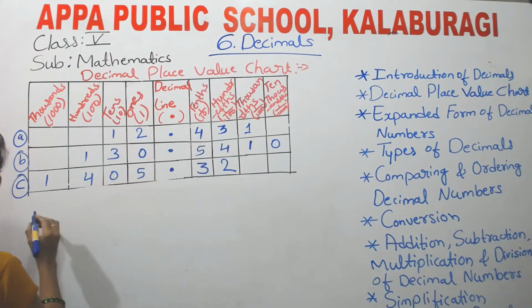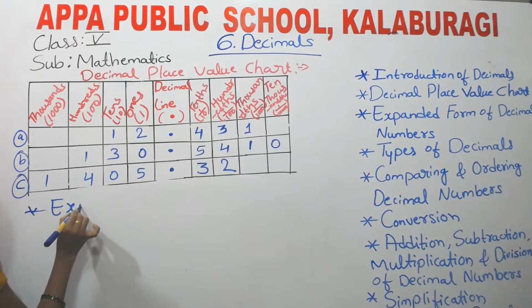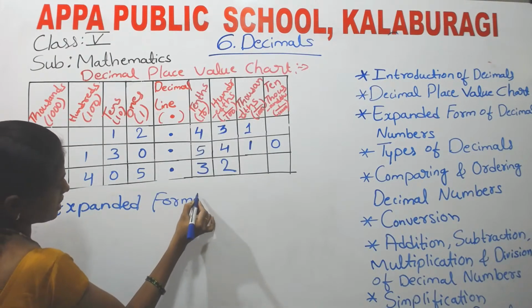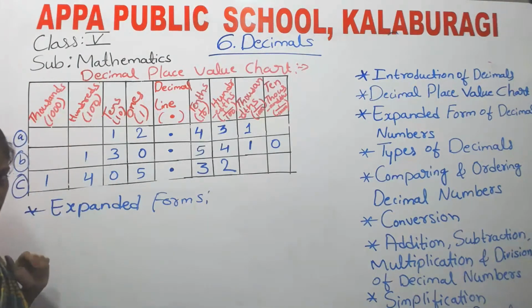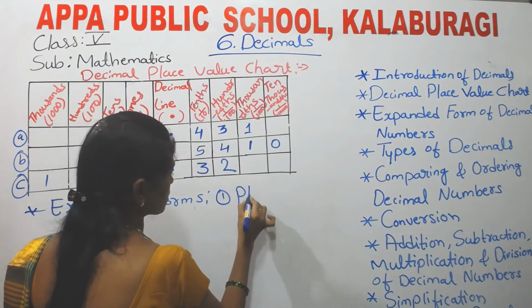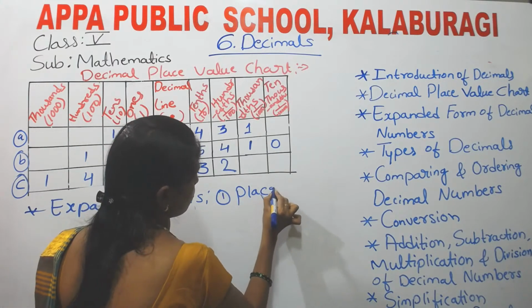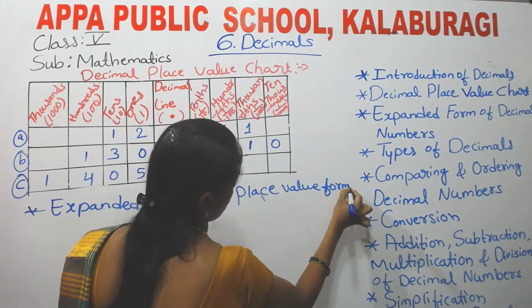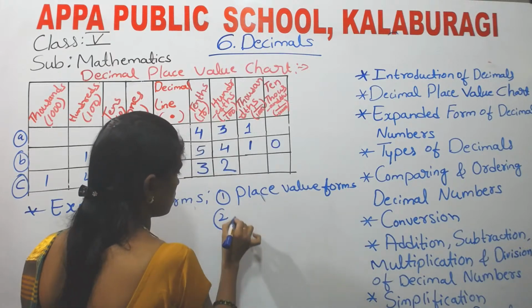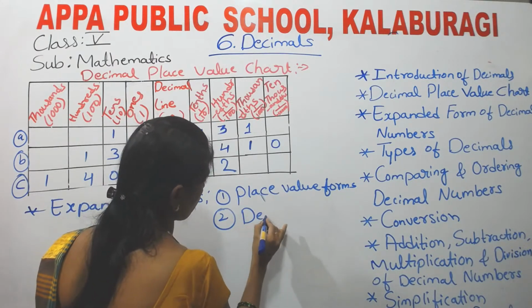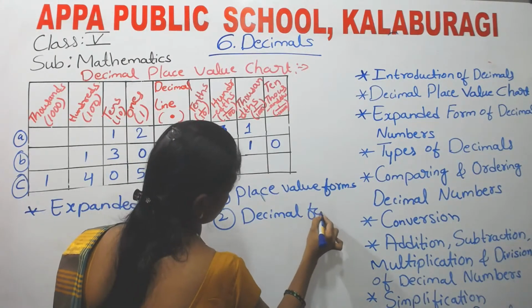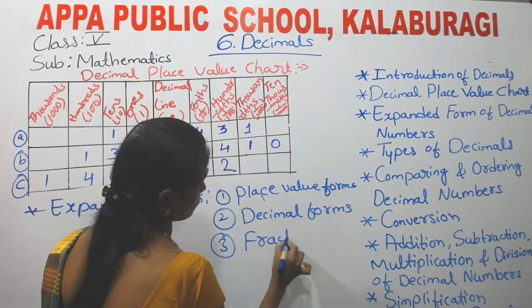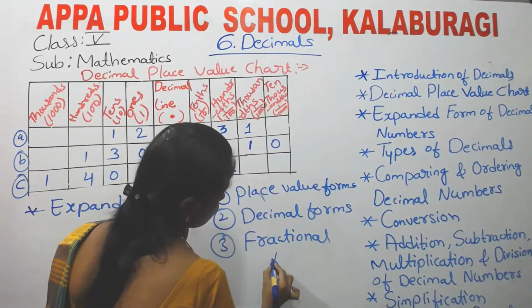Now expanded form. Next one is expanded form. In expanded form, three types are there. First one, place value form. Second one, decimal form, and third one, fractional form.